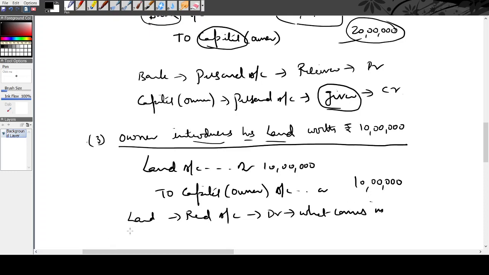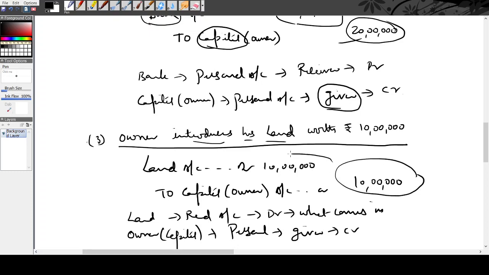Then the second aspect is owner. We use the term capital in place of his name. We said personal account, giver, credit.